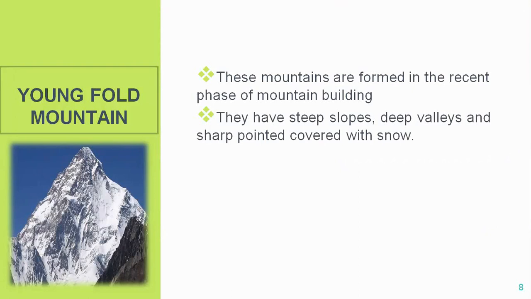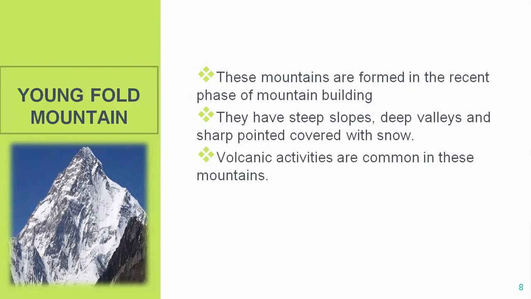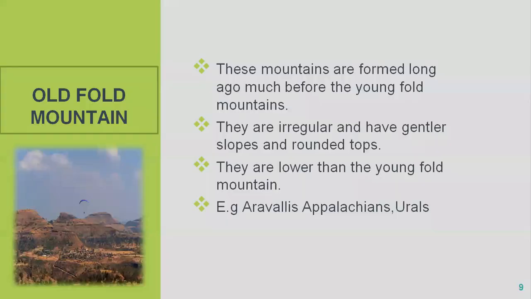The peak of the mountain will always be pointed and mostly covered with snow. Volcanic activities are also very common in these mountains. Examples of young fold mountains are the Himalayas, the Alps and the Rockies.